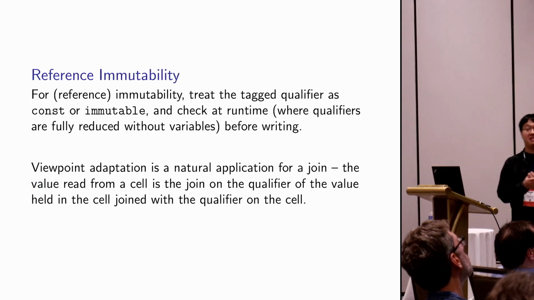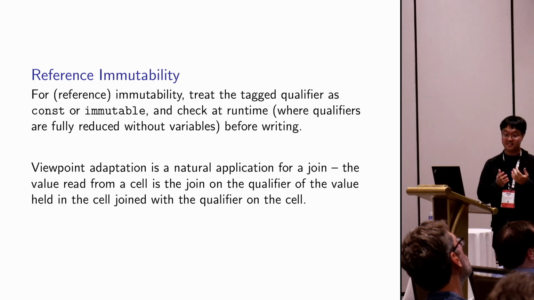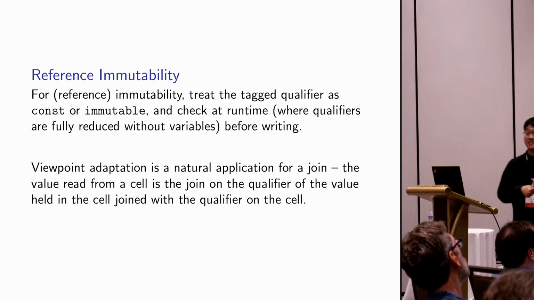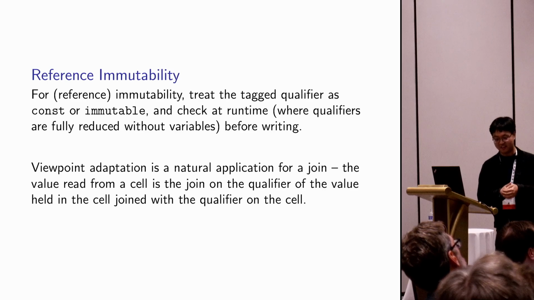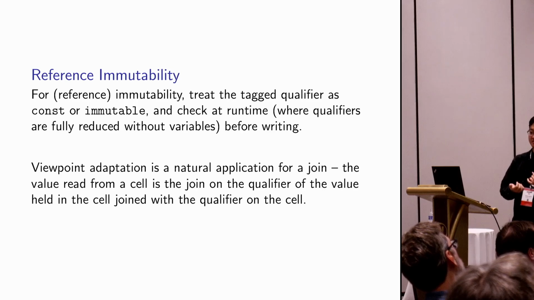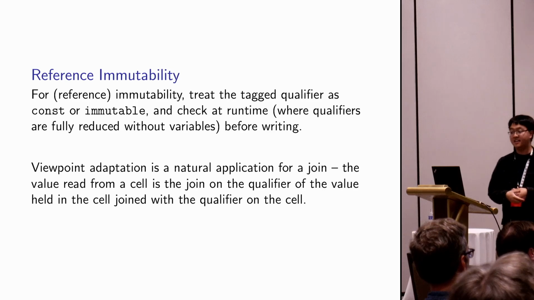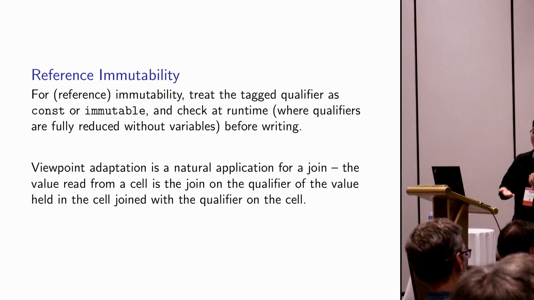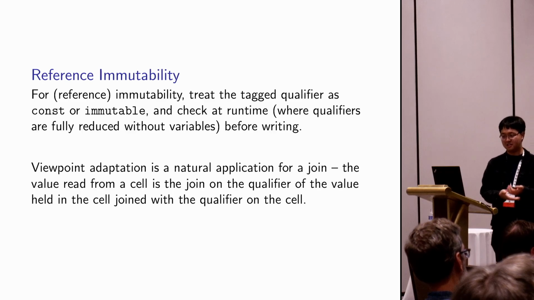Now, a reference immutability system is a type qualifier system that uses const, except this time const is transitive. When you read a reference out of a const qualified reference, like a reference to a struct or something, you get back a const qualified reference regardless of what it was before.